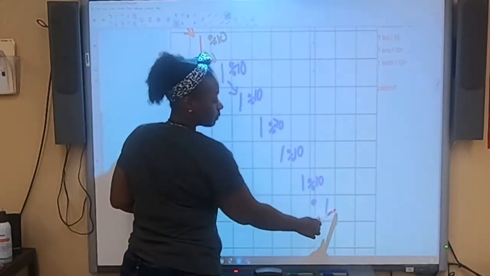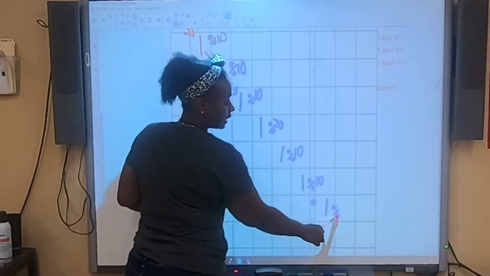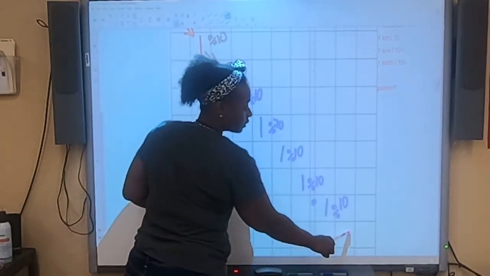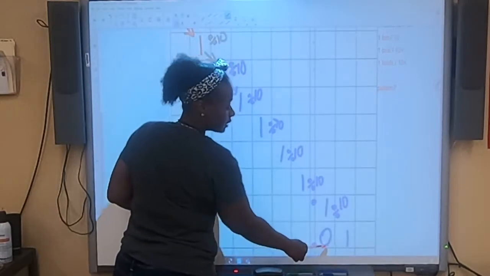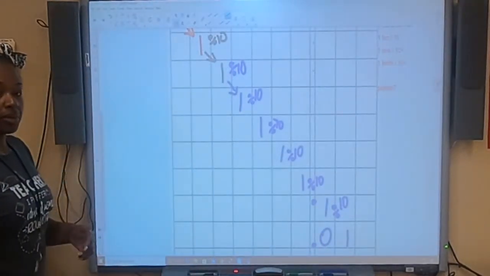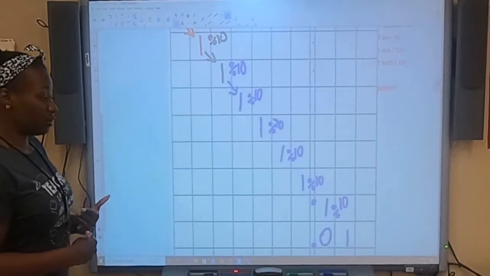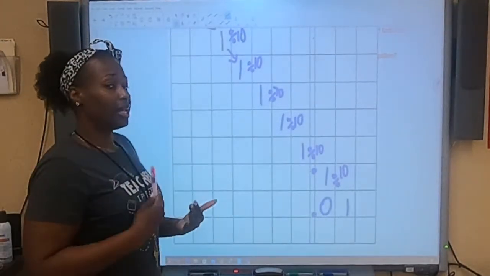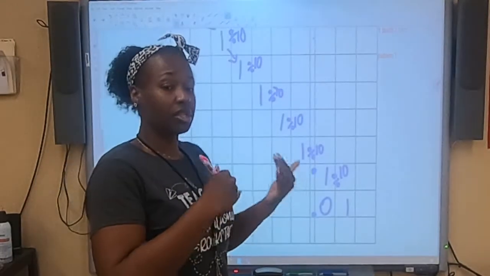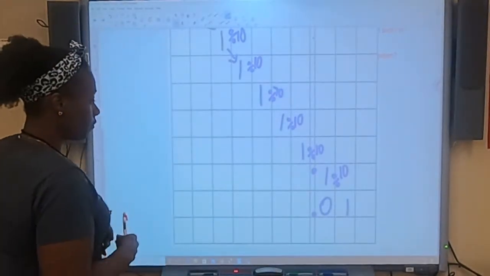1 in the tenths place divided by 10 takes me over to the hundredths. Remember, to get back to that decimal, I need a 0. Now we're in the decimal side of the place value chart. But notice nothing has changed from the whole number to the decimal. Anytime I divide by 10, I'm shifting to the right 1 time.